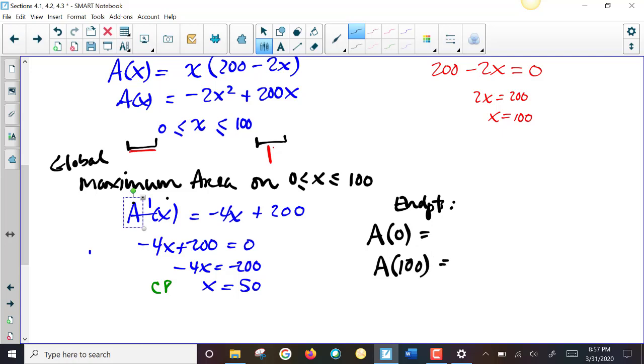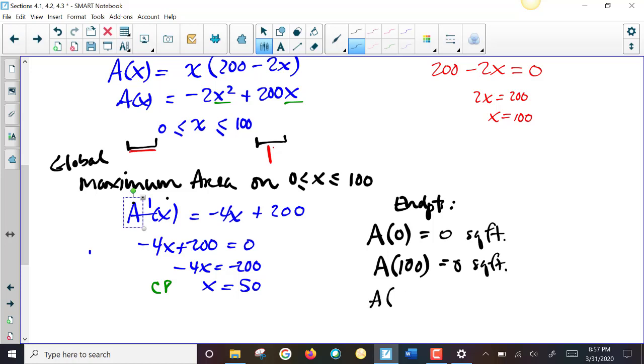Well, if we plug it back into the area function, when x is 0 this is going to be 0 square feet. If I plug in 100, it will evaluate out to be 0 as well. You could do that substitution.